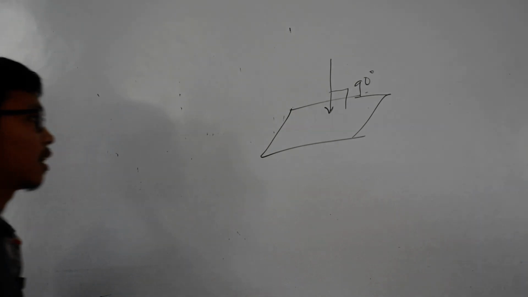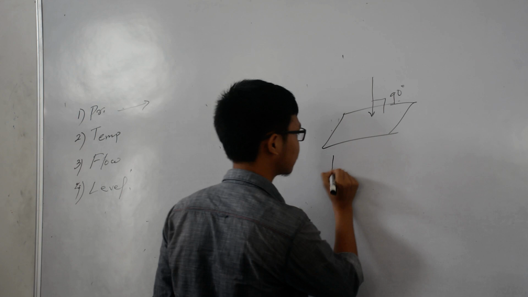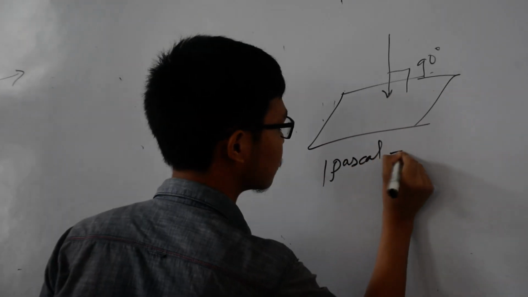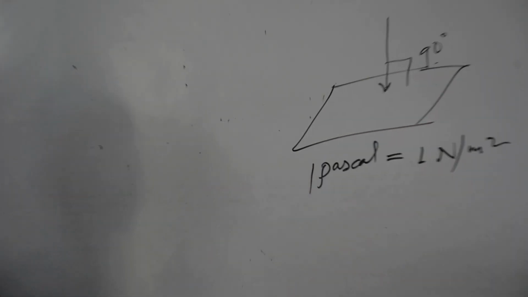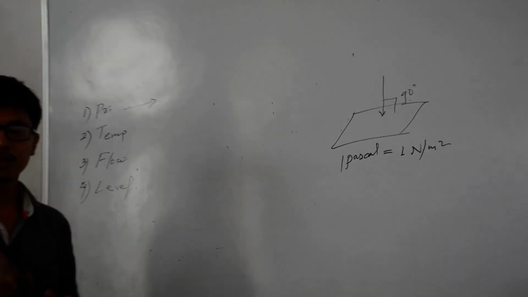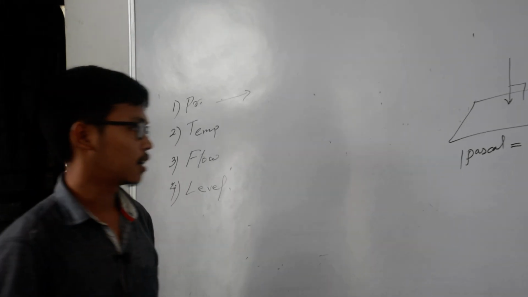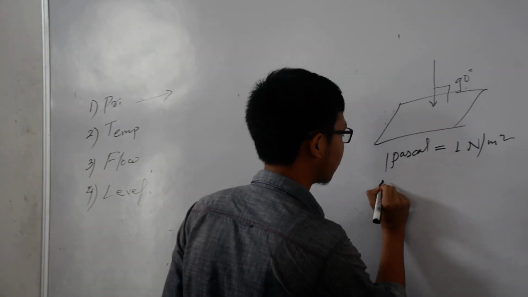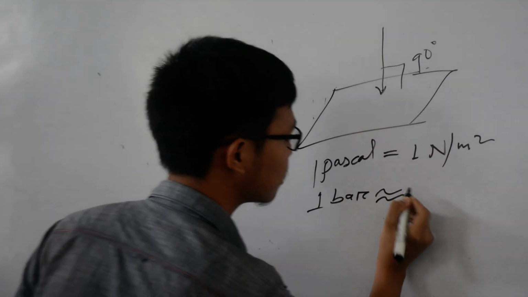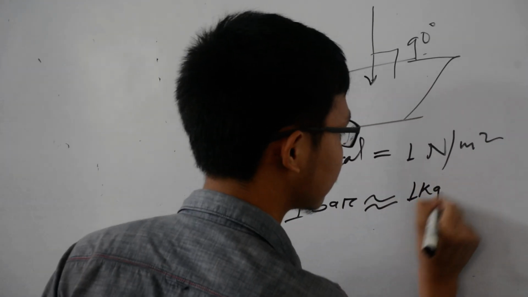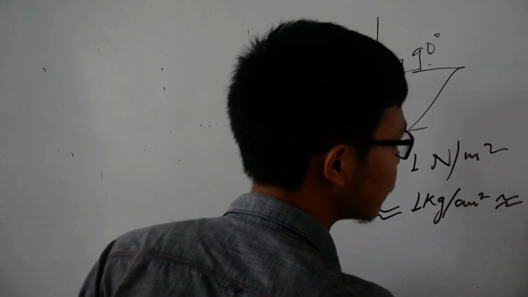This is pressure. There are some small units in pressure like Pascal. Pascal equals 1 Newton per meter square. In industry, we mostly use bigger units, as Pascal is not suitable. So we use big units like 1 bar approximately equals 1 kg per centimeter square, equals 15 PSI.